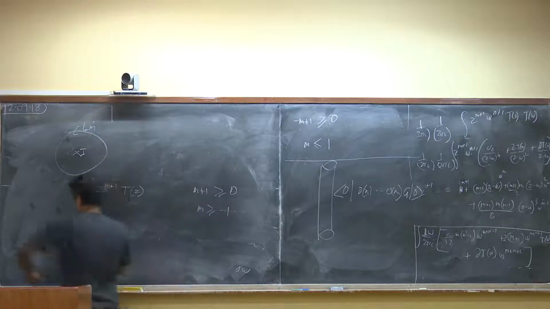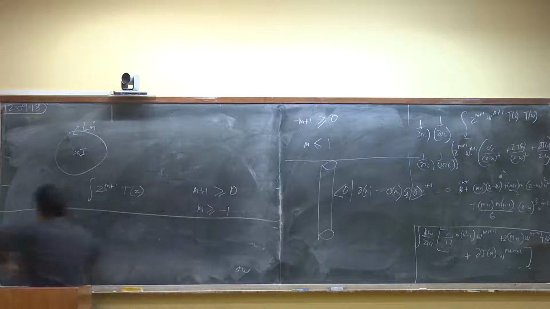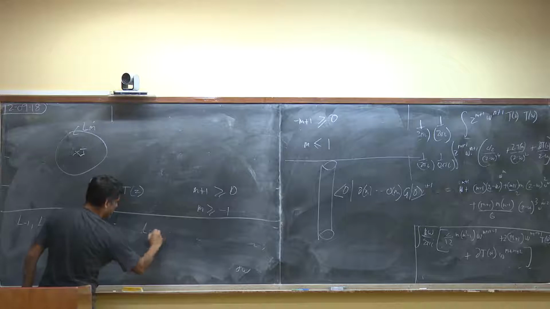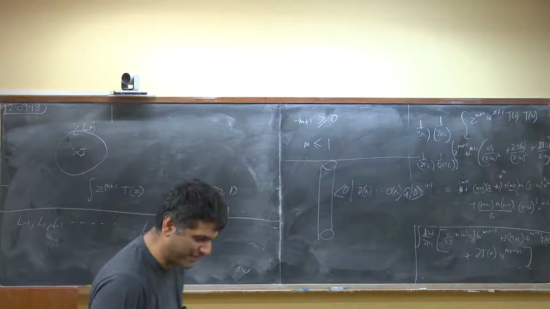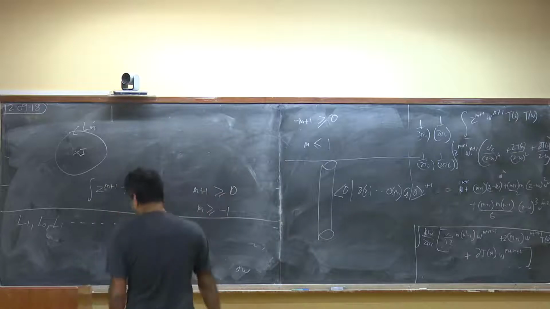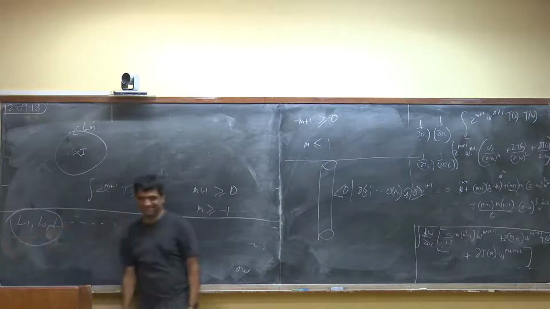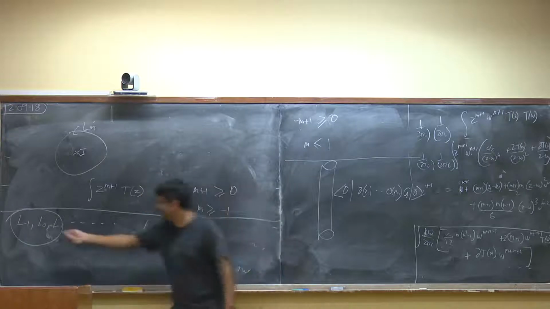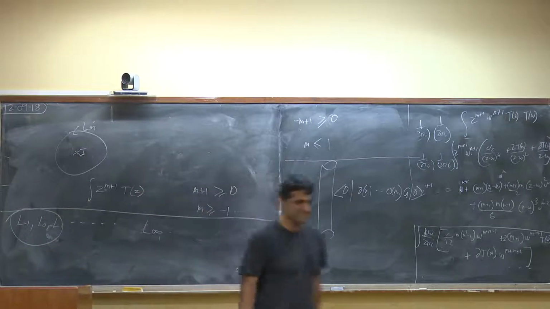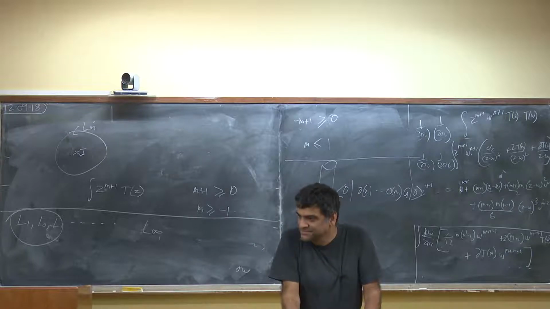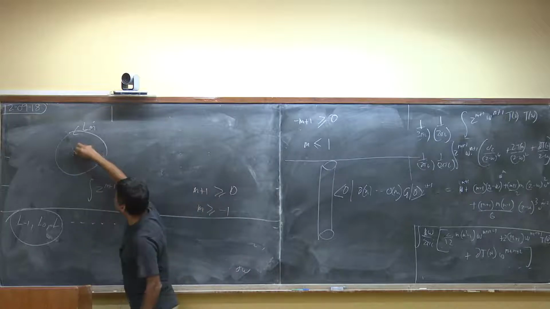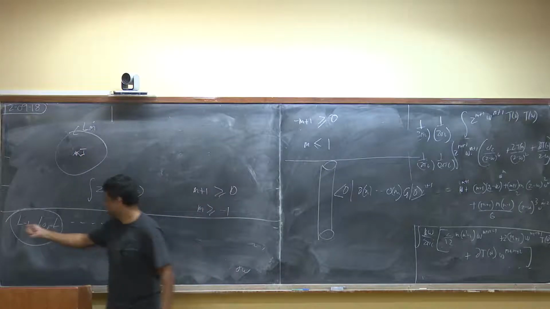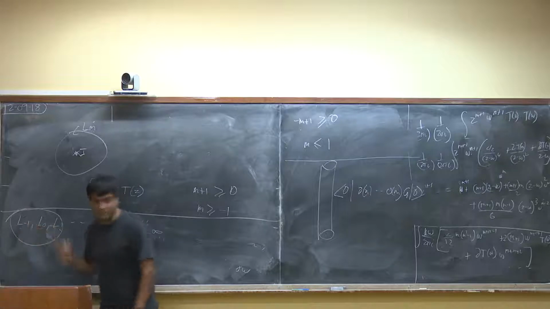Okay? So we conclude that L minus 1, L0, L1, L infinity all annihilate the state dual to the identity operator. In particular, these three objects annihilate the state dual to the identity operator. Okay? This state is sometimes called the SL2R invariant state because it's annihilated by these three objects.